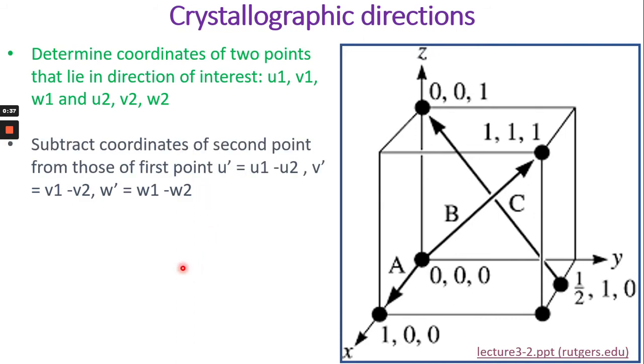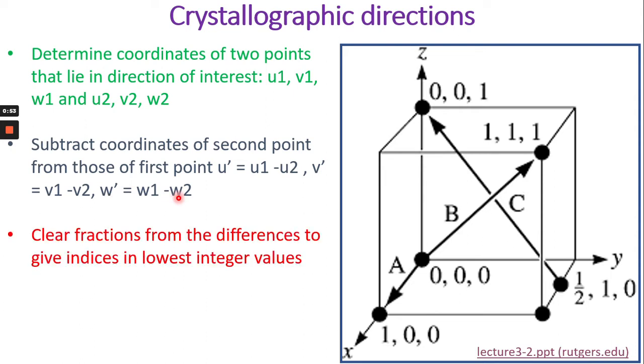Then we subtract the coordinates of the second point from those of the first point. Then we get a new point, which is u prime, u1 minus u2, v prime, v1 minus v2, w prime, w1 minus w2. Then clear fractions from the difference to give indices in lowest integer values.